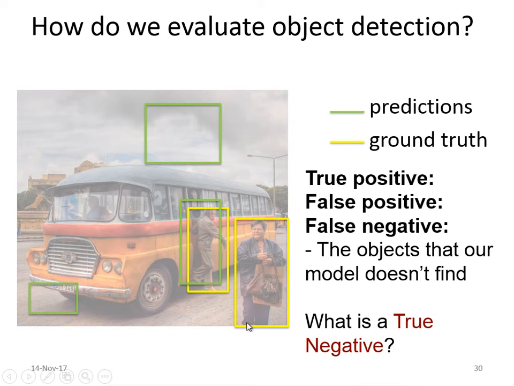The sky up there? This one? It's a little bit hard. All of the background is true negative. It's a little bit hard to tell the color of the prediction from the ground truth. The green box here is the prediction, and the yellow is the ground truth.